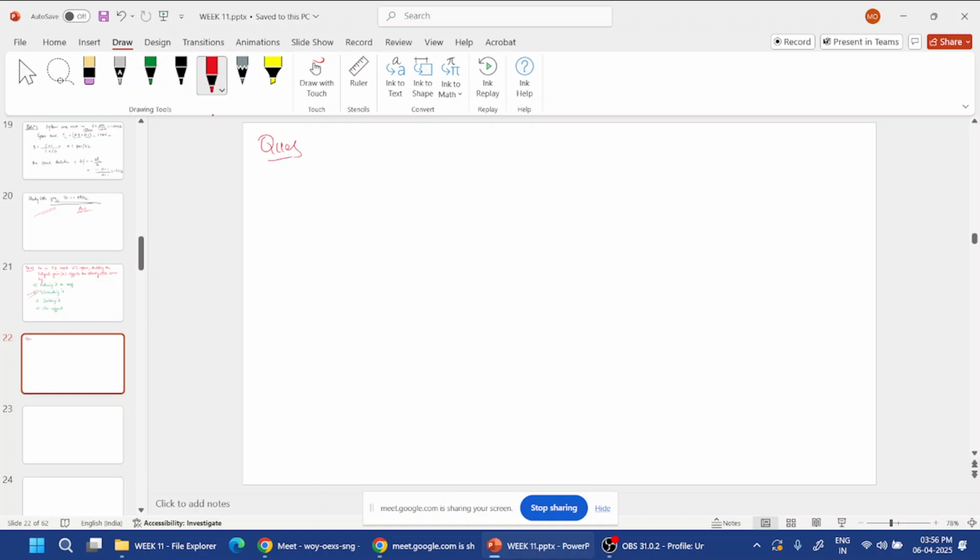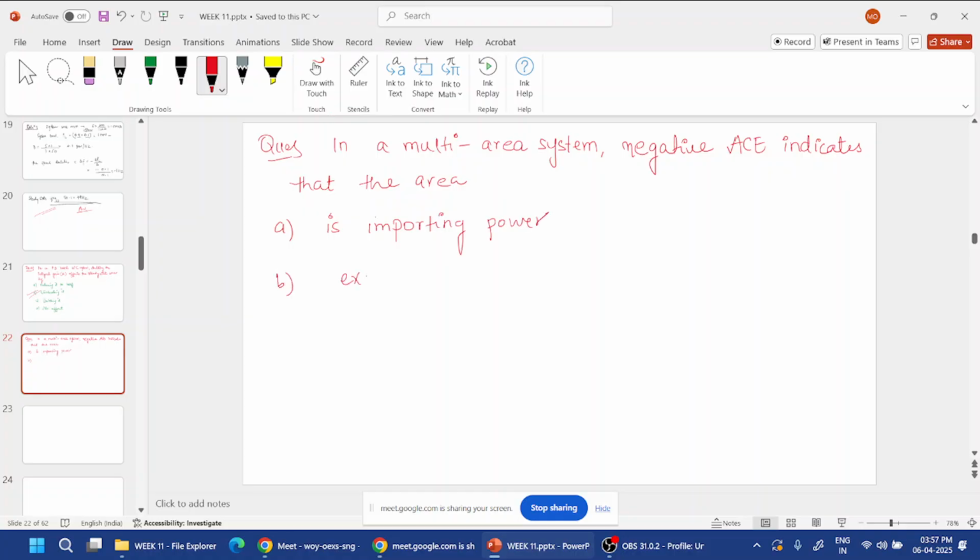In a multi-area system, negative ACE indicates that the area is: A, importing power; B, exporting power; C, excess generation; D, has insufficient generation.